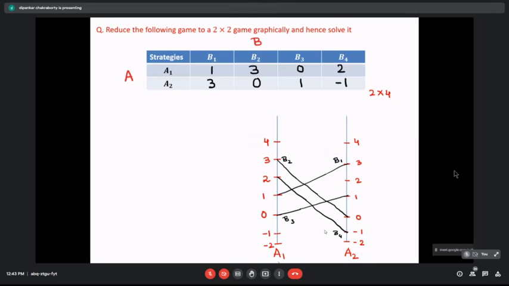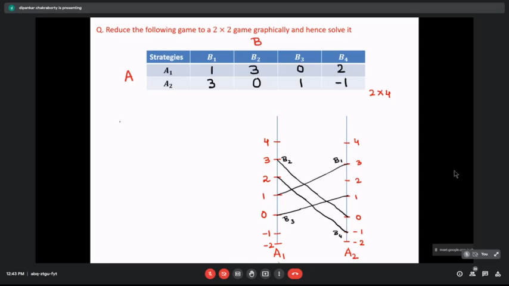Now, remember what rule we followed when we found the saddle point for player A. Because this graph I have drawn is for player A, these two vertical lines represent the strategies for player A. So when I'm trying to find the solution, I have to look at whether it follows the rule for player A or not.